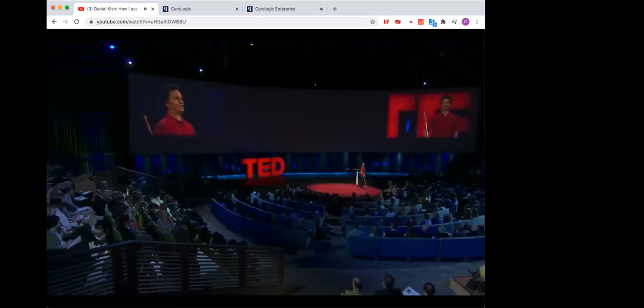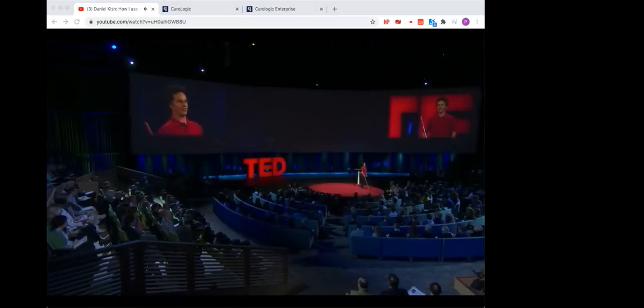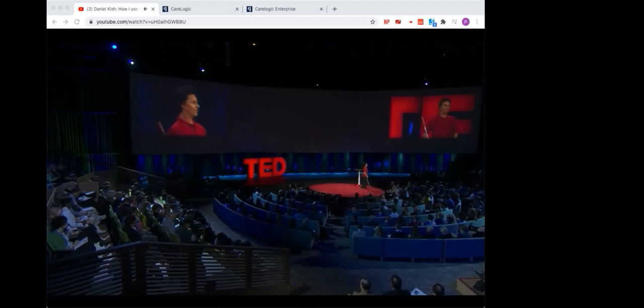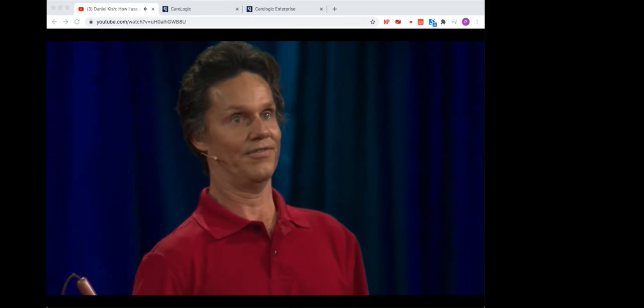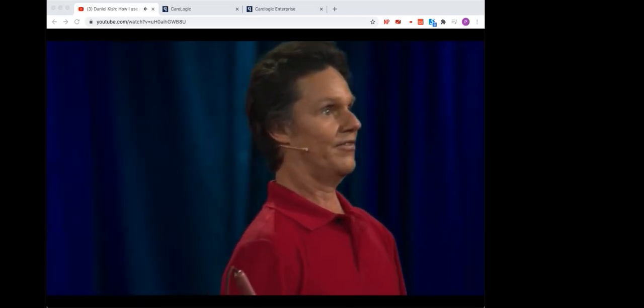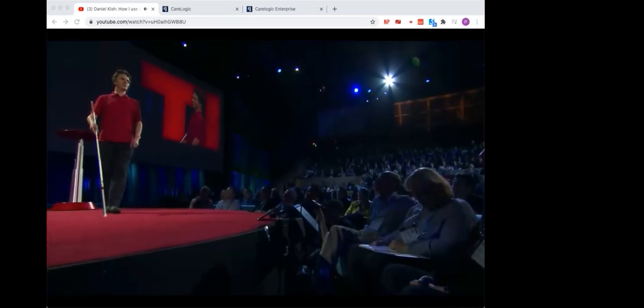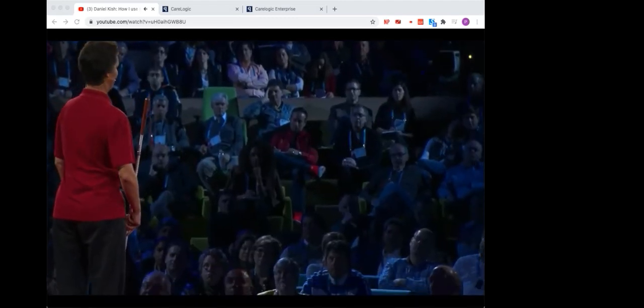It's impressions about blindness that are far more threatening to blind people than the blindness itself. Think for a moment about your own impressions of blindness. Think about your reactions when I first came onto the stage, or the prospect of your own blindness, or a loved one going blind.